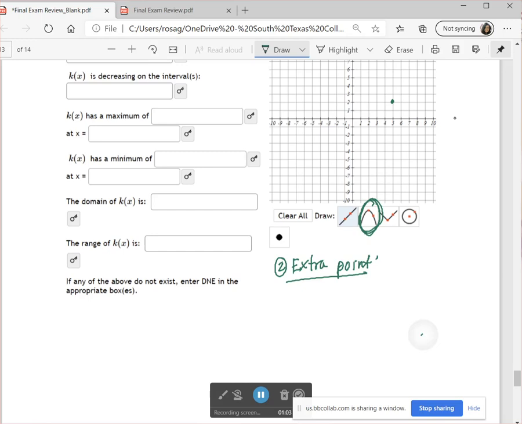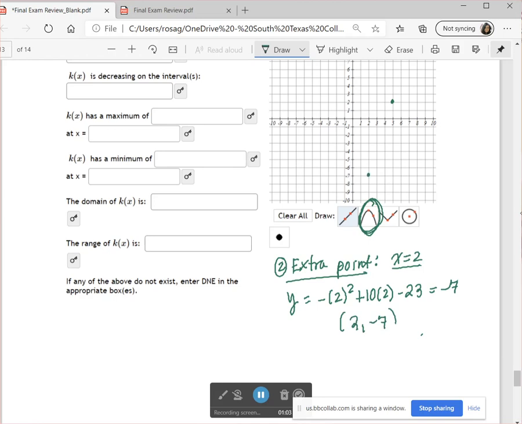So I decided to use x equals 2. And when I plug it into the function, I get negative 7. So my extra point is 2, negative 7. Your extra point can be different. You can pick any point you want, like I said, as long as it's on the graph. So 2, negative 7. It's right here.